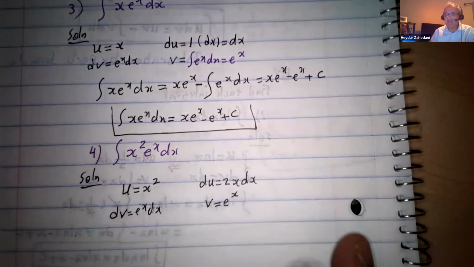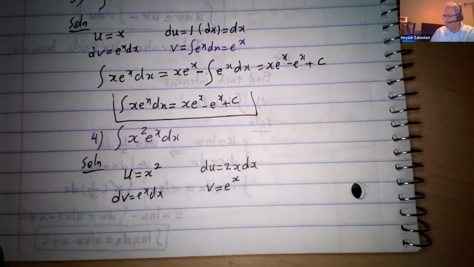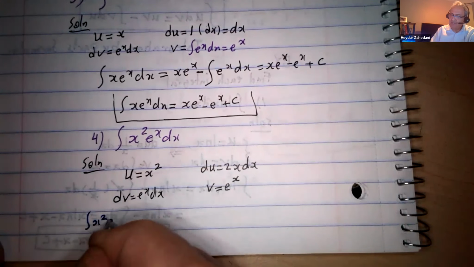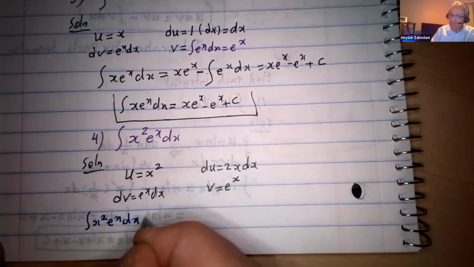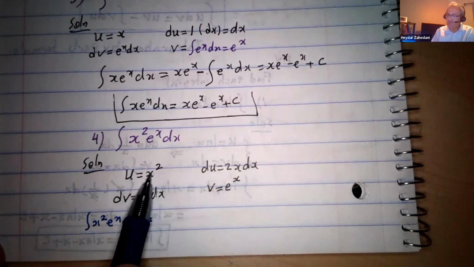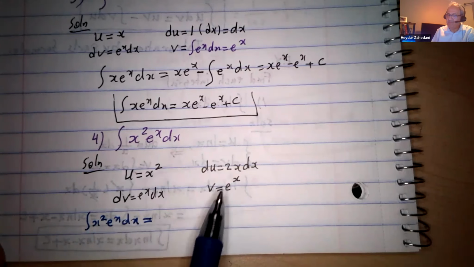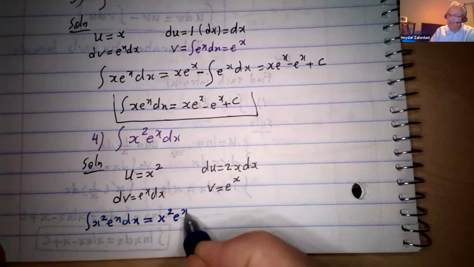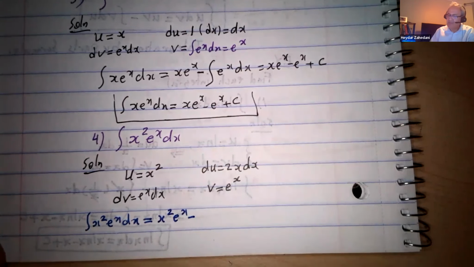Okay, so put it inside the formula that we have. Integral of x squared e to the x dx would be equal to uv, which is x squared e to the x, minus what?